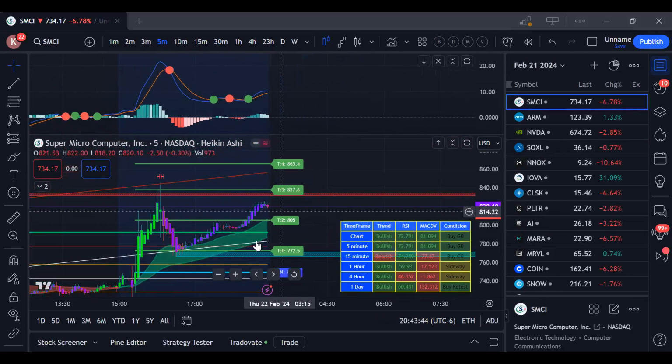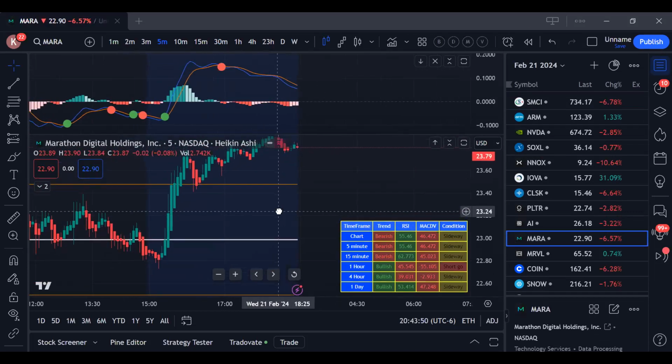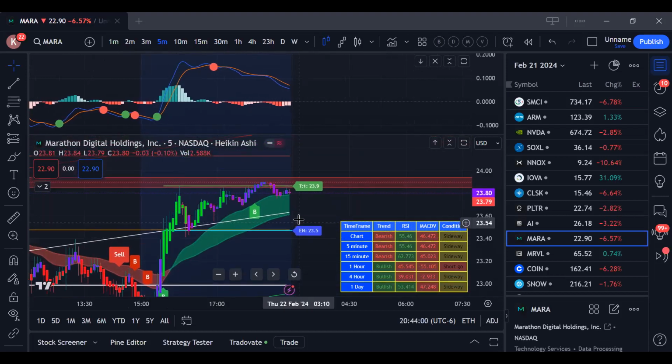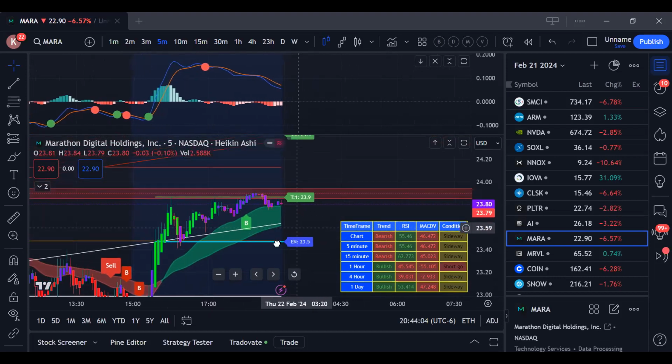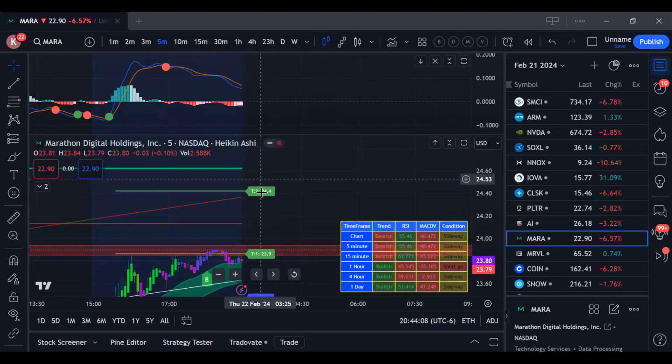You can use them for stocks, right? For example, if you want to buy some stocks, let us say you got a buy signal. The cloud turned green, the price went above the cloud. Then this is the entry. This is the target. So it went all the way up. Now if it breaks this one, it will go all the way to 24.4.